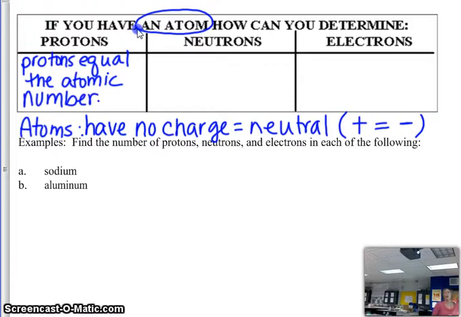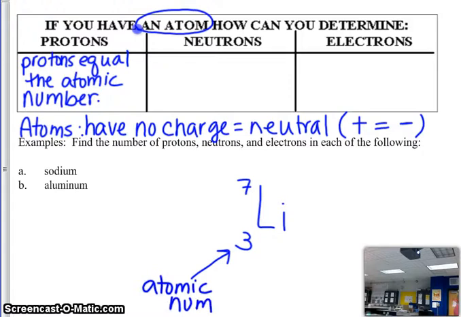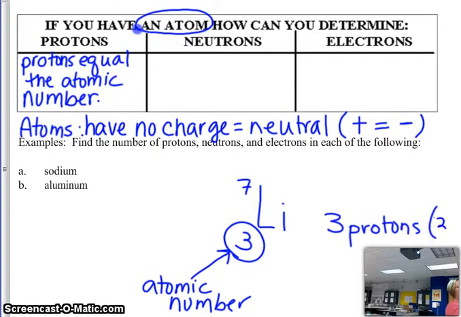So if you are given an isotopic symbol, something like Li-3-7, remember the bottom number is your atomic number. And so lithium here, Li, would have 3 protons. And remember, protons are the positive charges, so that indicates it has 3 pluses.